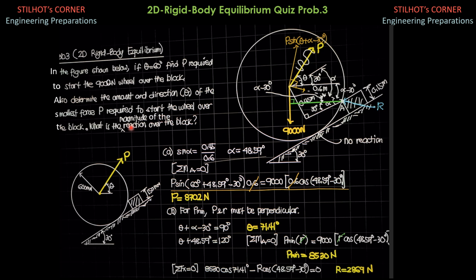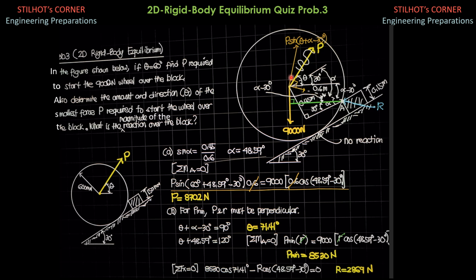Then for the second part, determine the smallest force P and its direction theta required to start the wheel over the block. That minimum P is directly perpendicular to this radial line through this point A. That's the greatest moment arm, the radius of the wheel. No matter how you rotate the force P, the maximum moment arm is that direct distance, the radius.